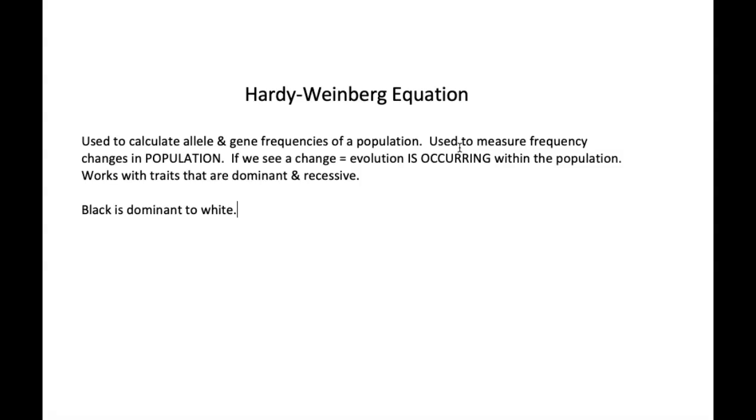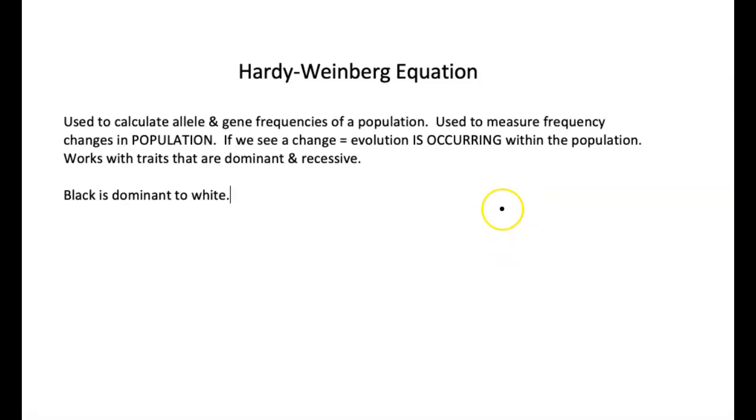All right, so we're going to walk through just a real easy example, and I want to show you guys how to do these calculations. Let me get my pen going here. All right, so here's an example when we look at Hardy-Weinberg. Let's just keep it simple. I got a population of cats. Give them some whiskers. And in my cat population, I have a dominant variation and a recessive variation when it comes to color.